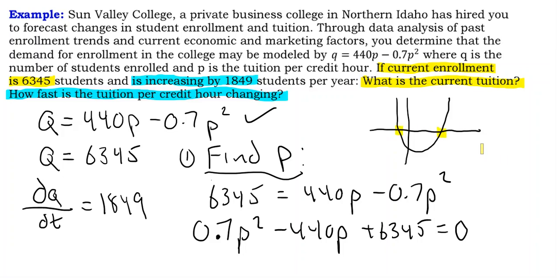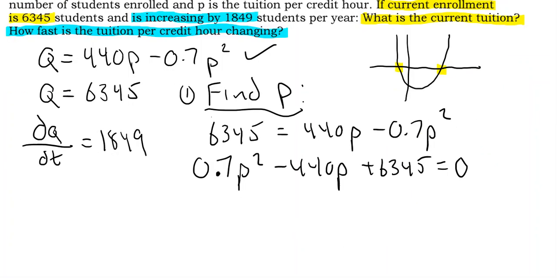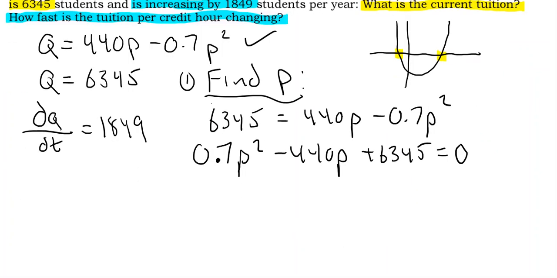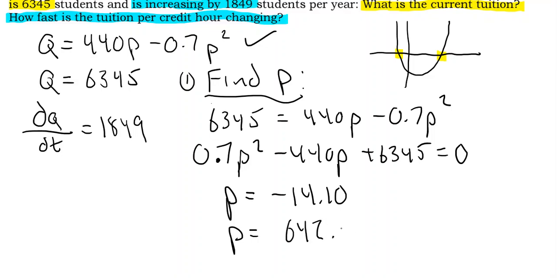So that, or the quadratic formula, when you do that, you will end up with P being equal to negative 1410, and P also being equal to 642.68. Well, we're not going to offer a negative price per credit hour of tuition, so this can be disregarded.